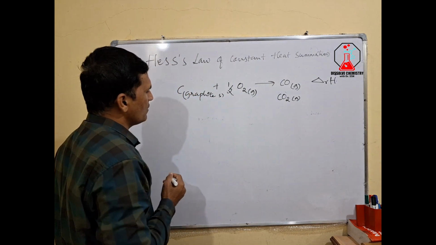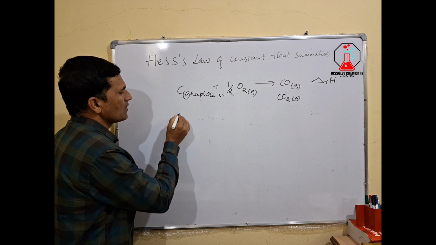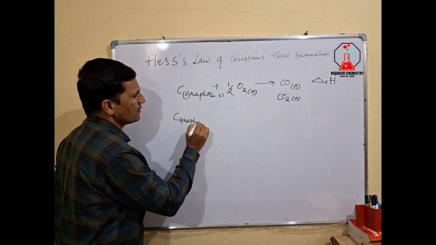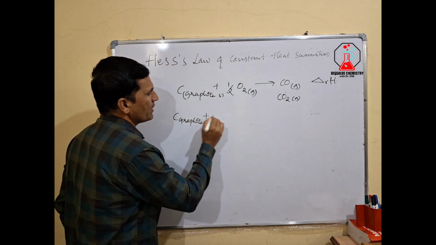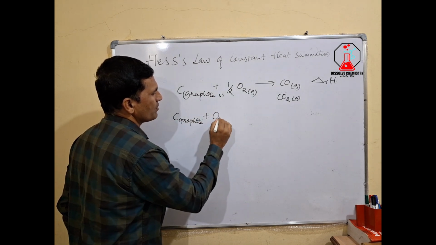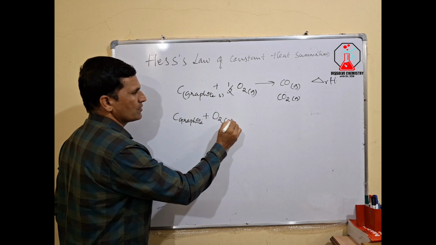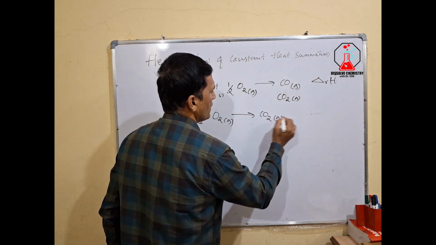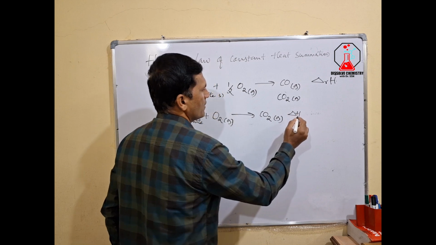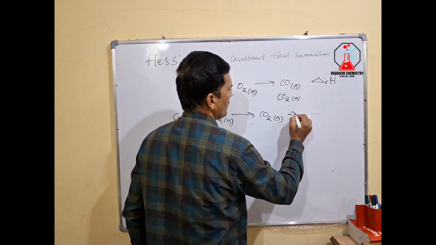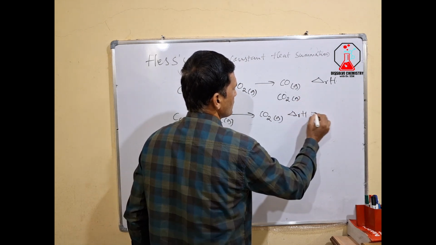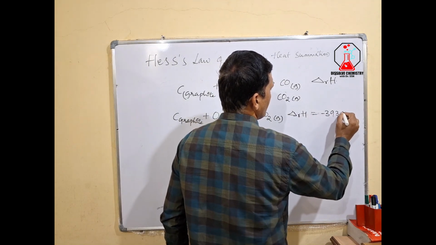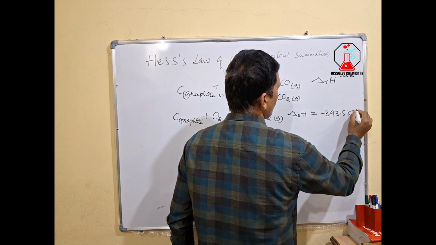So what you do is, you take carbon graphite and bring about its complete combustion in the presence of excess oxygen, and it will convert into carbon dioxide gas. The total enthalpy of this reaction is minus 393.5 kilojoules per mole.